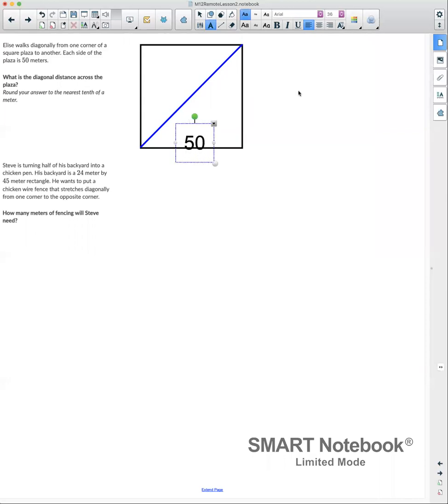So I'm going to put in 50 and 50 here. I'm trying to figure out the diagonal distance of the plaza. So this is the hypotenuse over here. I have 50 and 50. So this is an isosceles right triangle, and because there's a right angle right here, since it is a square, knowing my special right triangles, this is going to be a 45, 45, 90 special right triangle.